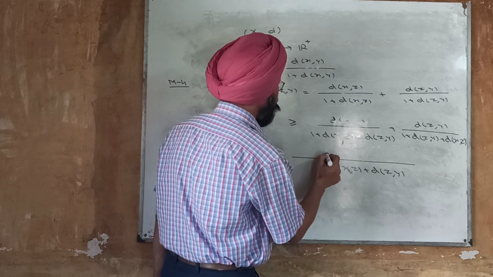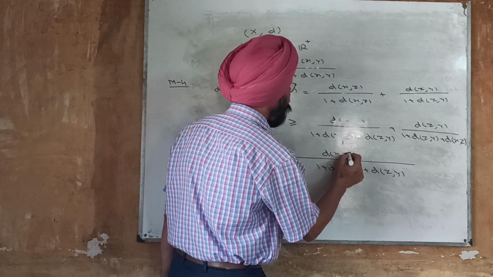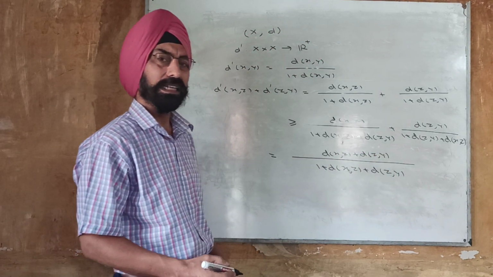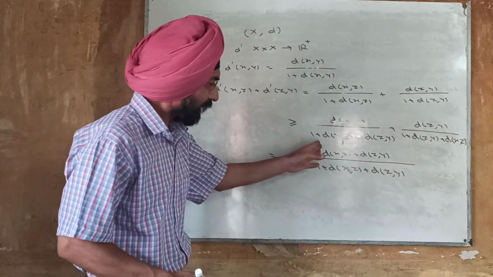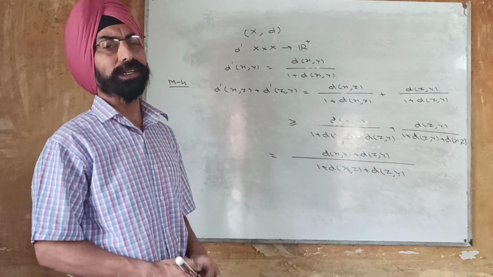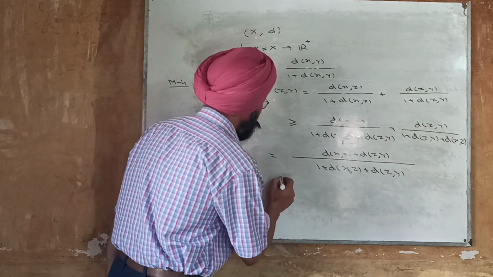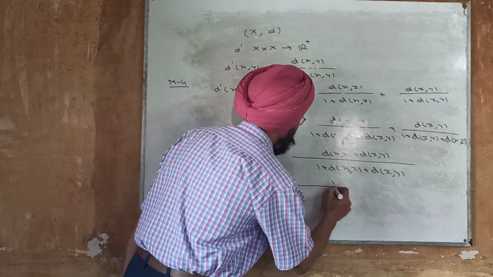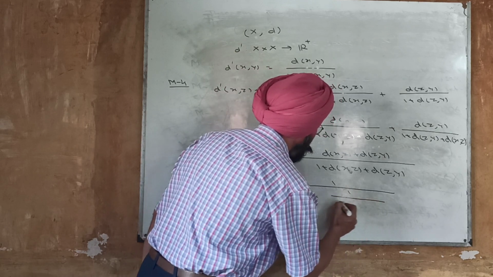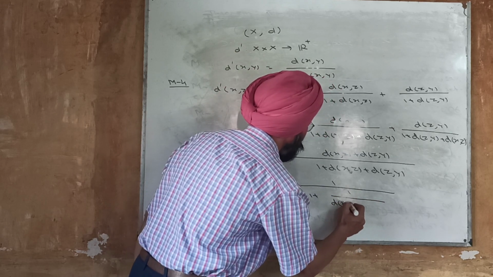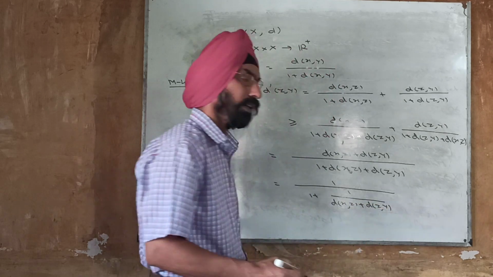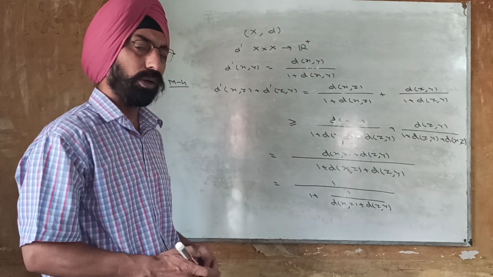In the numerator you will get d of xz plus d of zy. Take this numerator into the denominator of the denominator. So what you are going to get now is 1 upon 1 plus 1 upon d of xz plus d of zy.